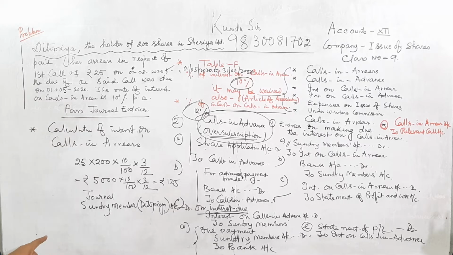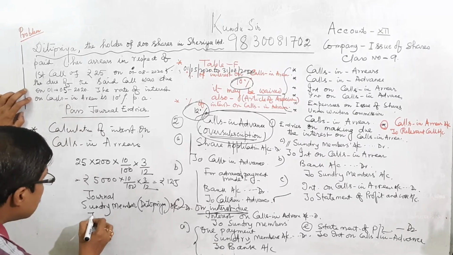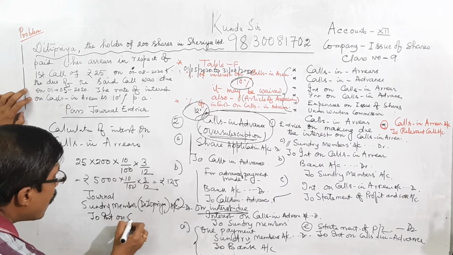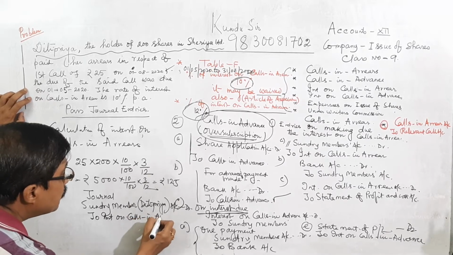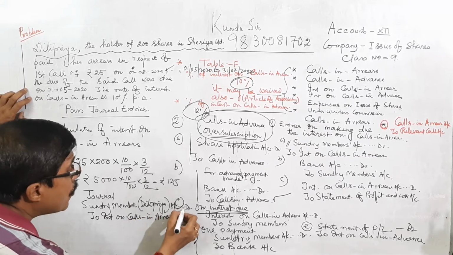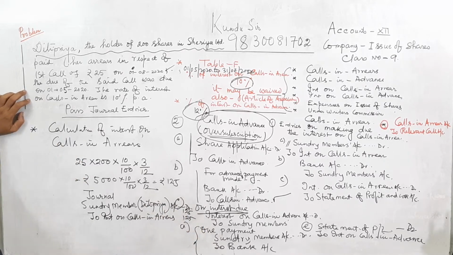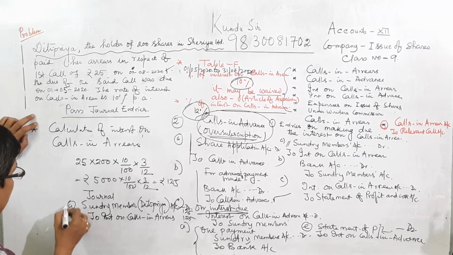Ditipriya account debit, then to interest on calls in arrears, rupees 125, then 125.